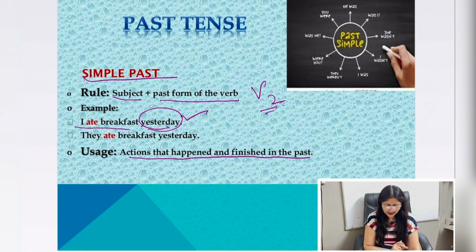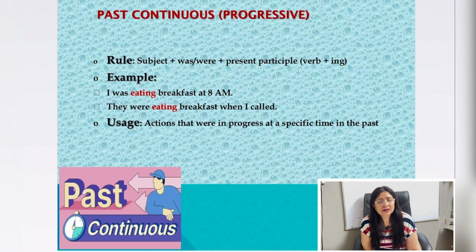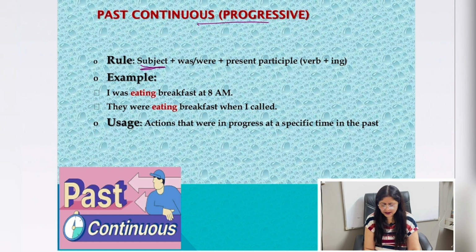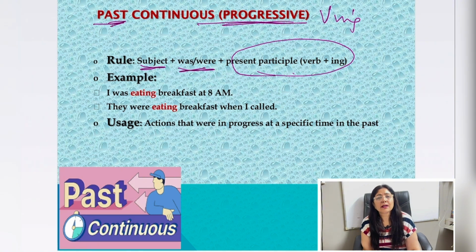So moving to the next part, that is your past continuous or past progressive tense. So the rule would be subject plus helping verb plus V-ing. For progressive we use V-ing, the present participle, but because it is past we will change the helping verbs, and that would be was or were instead of is, am, are. So for example, I was eating breakfast at 8 a.m. They were eating breakfast when I called.